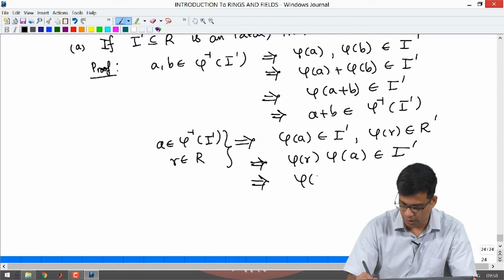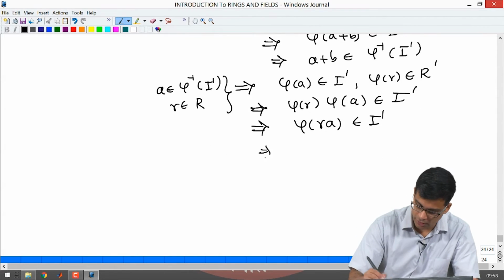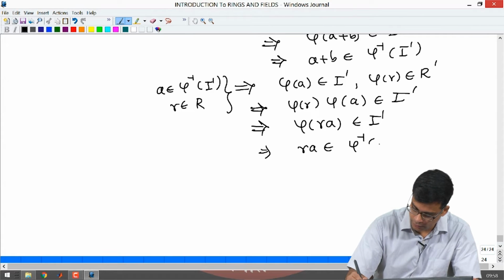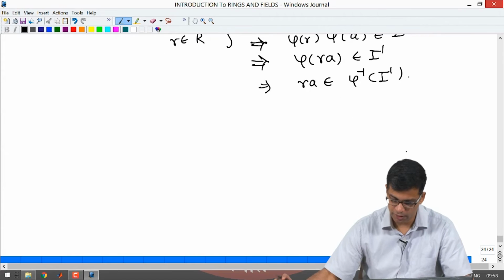So phi of R A is in I prime, because phi is a homomorphism, which means R A is in phi inverse I prime. So, this is very straightforward. The inverse image of an ideal is an ideal.